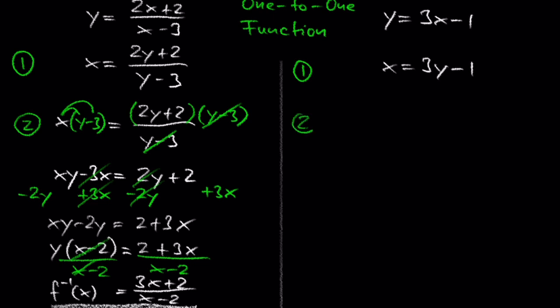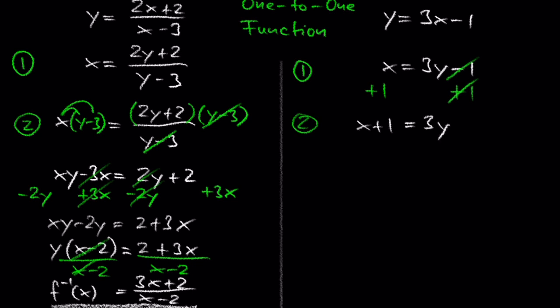In the next step, we are going to isolate the y. After adding 1 to both sides, we get x plus 1 equals 3y.